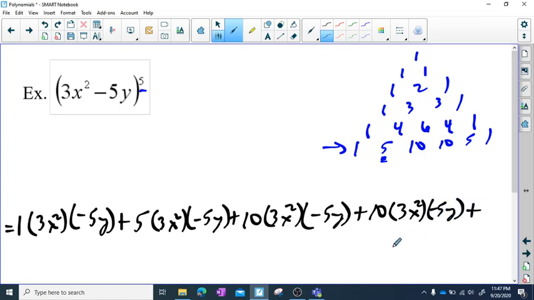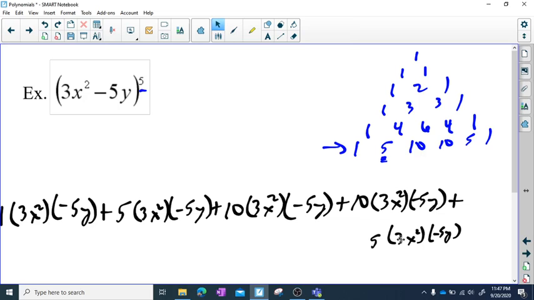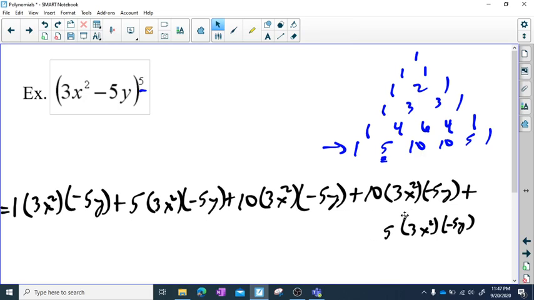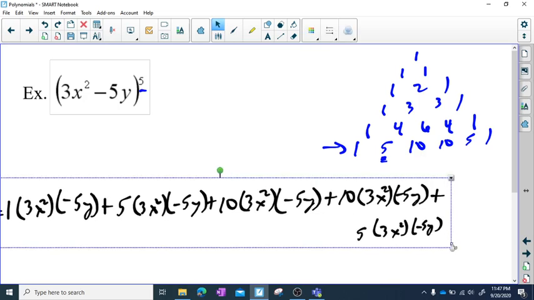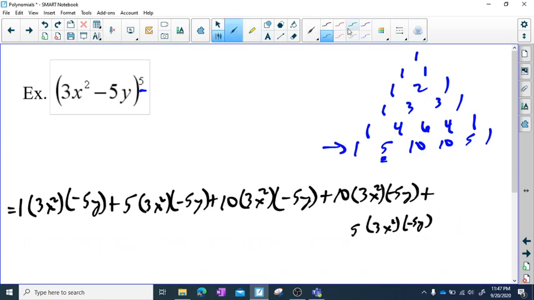Plus, come down here, 5, 3x squared, negative 5y. Maybe I should move that over. Maybe it'll let me compress it down. There we go. One more, so plus a 1, 3x squared, negative 5y.